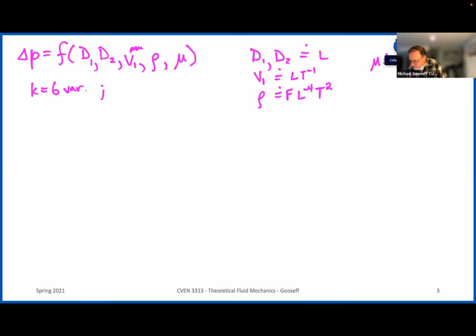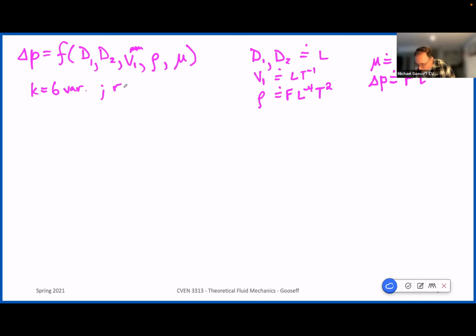And then what's our last one? Delta P. In this case, it's just pressure, right? Before we looked at pressure change per length. So our pressure term here is just force length to the minus 2. So we have 6 variables, and we have 3 dimensions. I chose FLT. We could have worked in MLT just as easily, but all 3 of them are represented here.